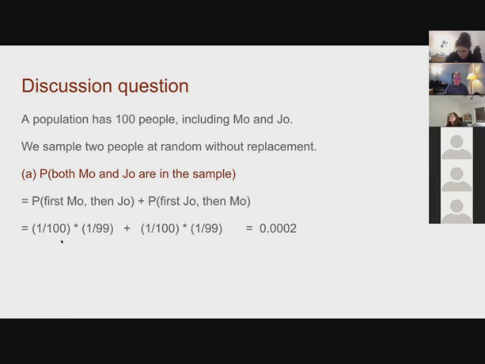But that is only half of the possible conditions. The other way of thinking about it is that first we pick Joe, then we pick Mo. It's the same logic: 1/100 times 1/99, and that gives us 0.0002%.